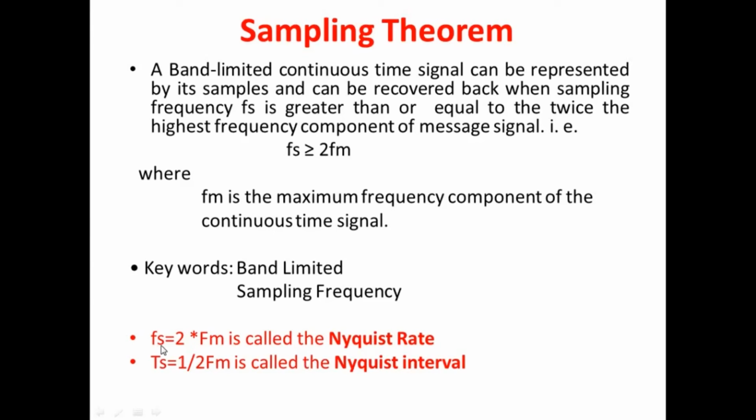So the sampling frequency is nothing but the Nyquist rate, and the sampling interval, that is the sampling time, is nothing but the Nyquist interval. These two are very important for solving numerical problems.